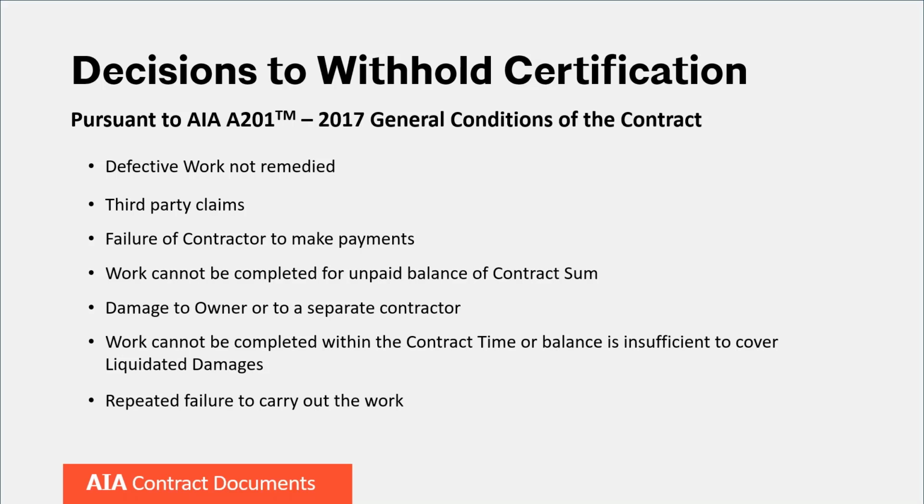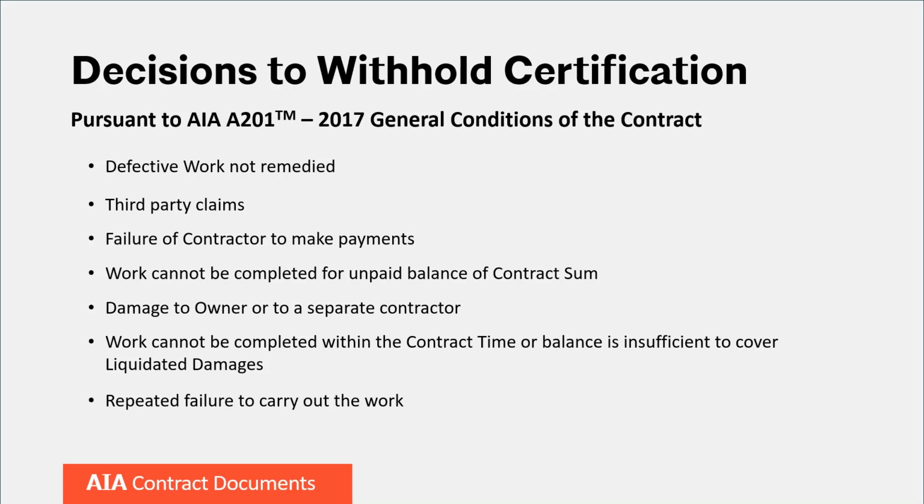There could be third-party claims that would be a basis for withholding payment if the contractor is responsible for a third-party claim that impacts the owner. There could be language in the agreement that would give the owner the right to withhold certification of payment for that reason, and that would require that the claim would be resolved to the extent required by the documents in order for that payment to then be released.